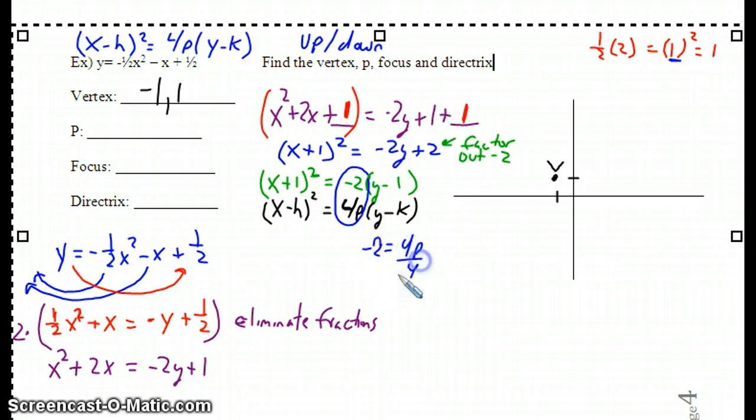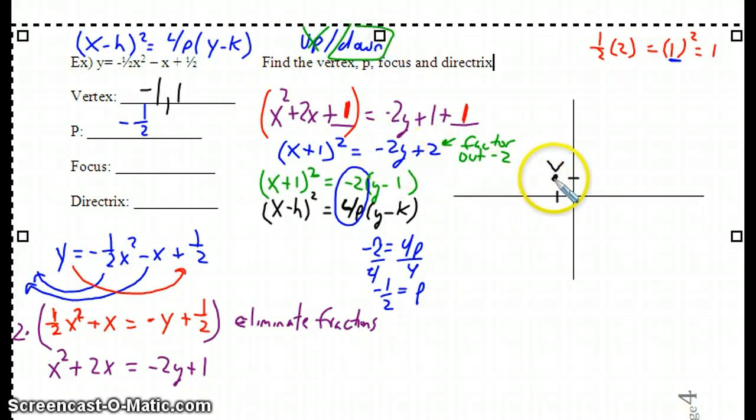So if I divide by 4, I get p to end up being negative 1/2. So if p is negative 1/2, and it opens up or down, p was negative, so it's going to open down. So from this vertex of negative 1, 1, I need to move down 1/2. So I'd put my focus right here. So that coordinate point is negative 1, and then I went down 1/2.